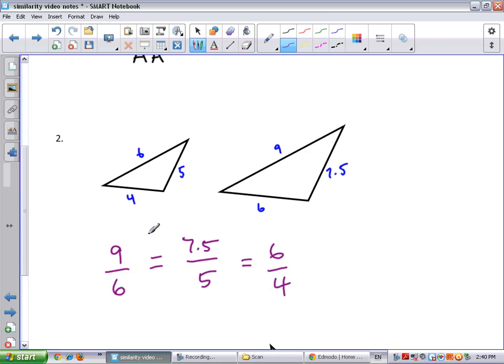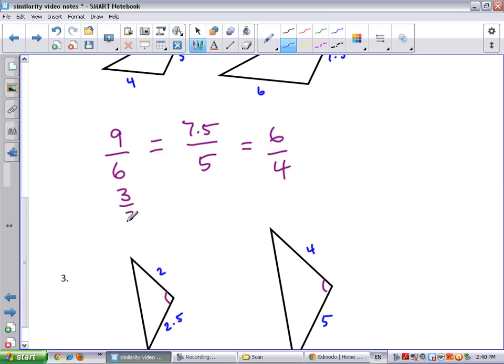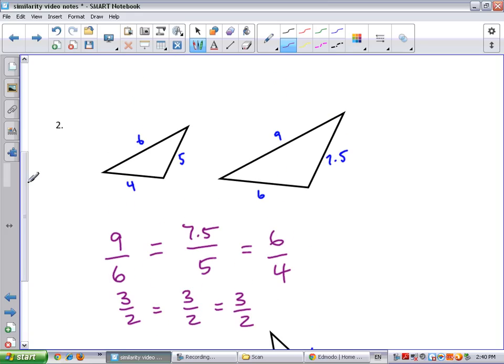And if I were to reduce all of these ratios, I would get exactly the same ratio, which is that 3 over 2 is equal to 3 over 2, which is equal to 3 over 2. So what I found here is that when all three pairs of corresponding sides are proportional, then I don't need to know anything about the angles to show that those two triangles are similar. And the acronym for that is SSS.